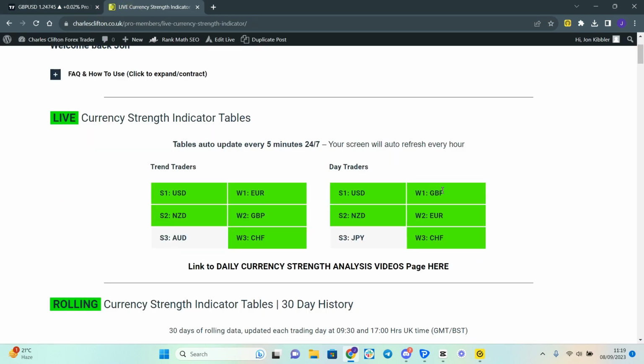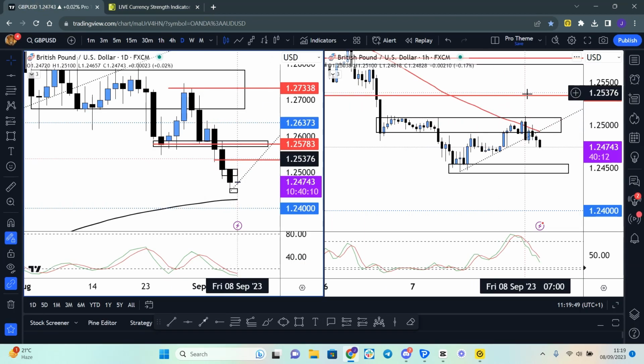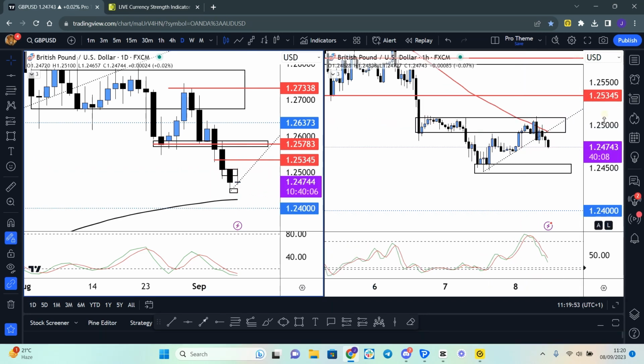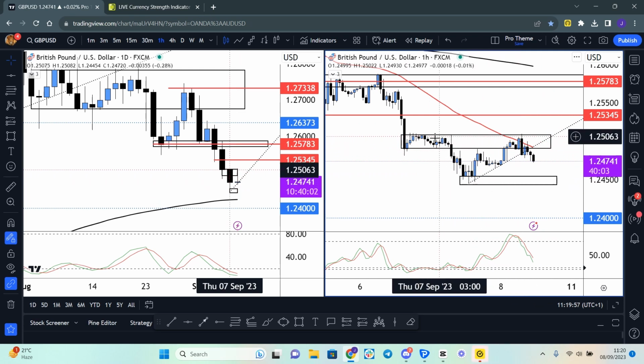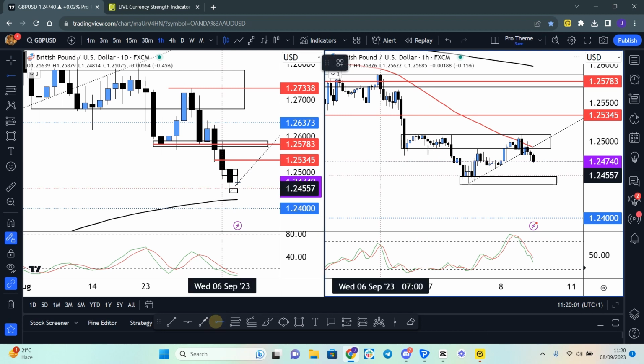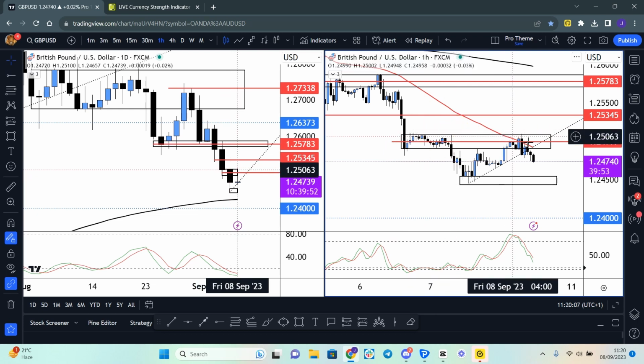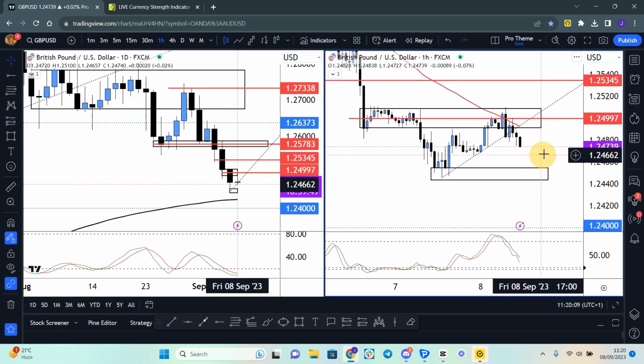Obviously as well, the fact that it is the top of the day traders was something that appealed to me, and the fact that we came to the hourly chart this morning and saw these factors here where we had price pulling back into an area of resistance, which was the 125 handle. If I just pop the 125 handle on here, you can see around about there was the 125 handle.